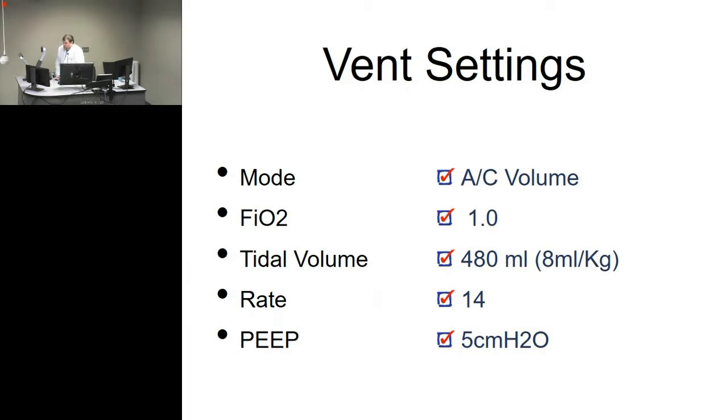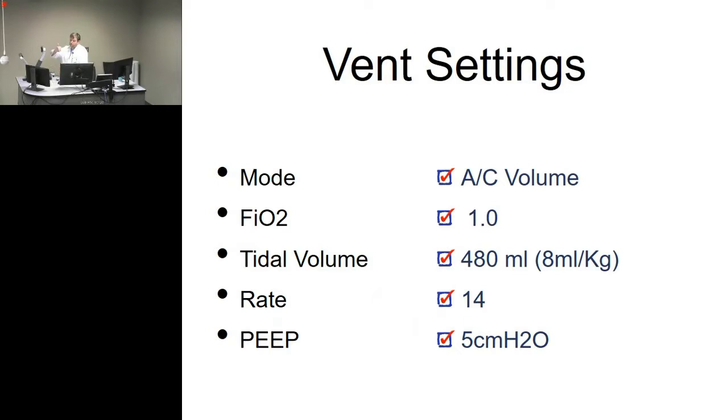We do know that you have a 1.2 hazard ratio, meaning you are statistically more likely to generate harm for every mL per kilo above 6, increasing at 1.2 hazard ratio.